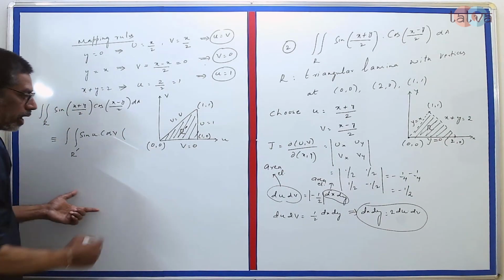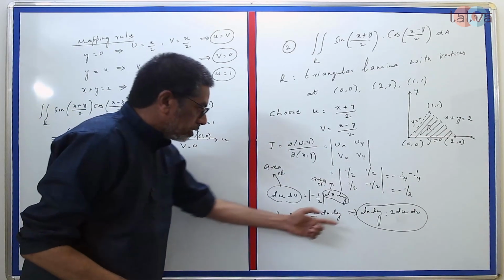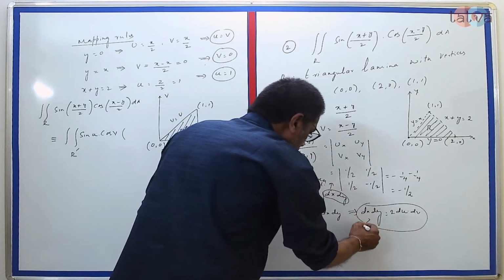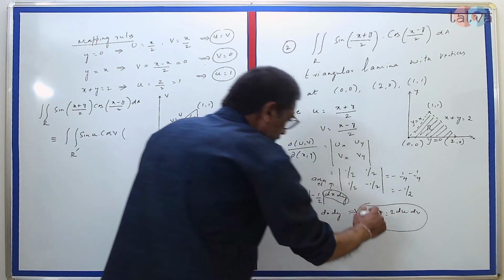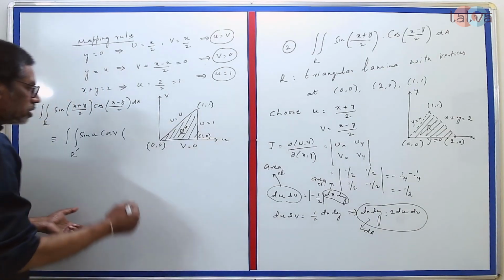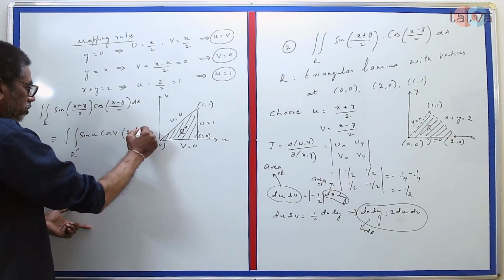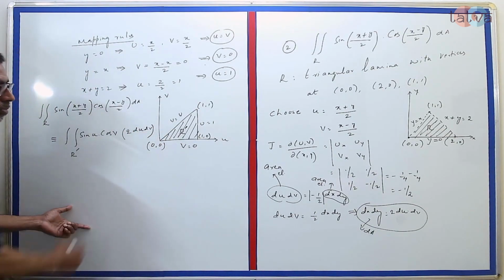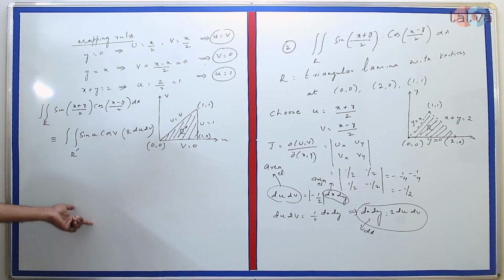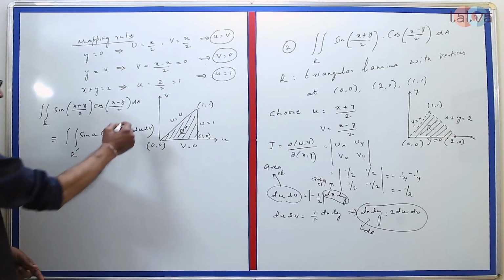And dx dy, which is the original dA, is now 2 times du dv. So you can see how the Jacobian has come into play.